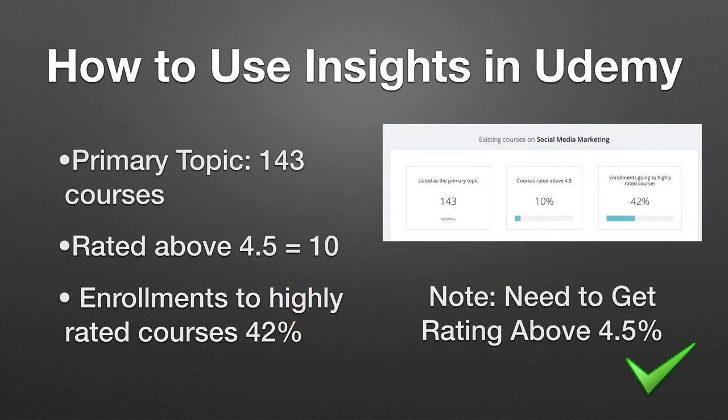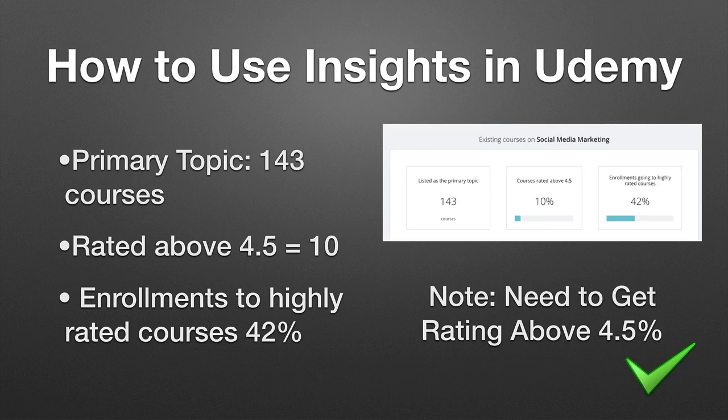Now we're going to look at the competition more directly. 143 courses list this social media marketing topic as their primary topic. So you're directly competing effectively with 143 courses. And of these, 14 are ranked 4.5 or above.